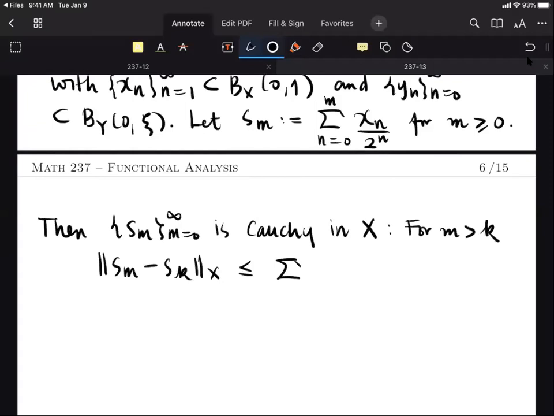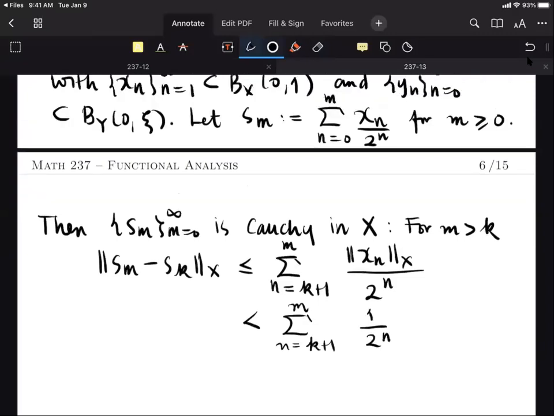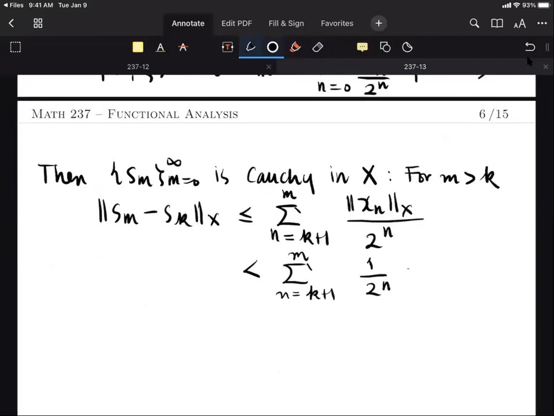Here we need to take the sum from k plus 1 to m of the norm of x sub n over 2 to the n, x being in the unit ball, so this is less than 1 over 2 to the n. That's the reason why we divided by 2 to the n, since this will tend to 0 as m and k tend to infinity.